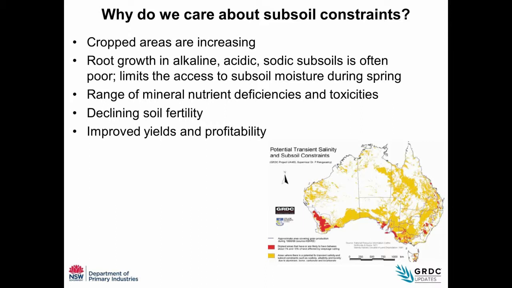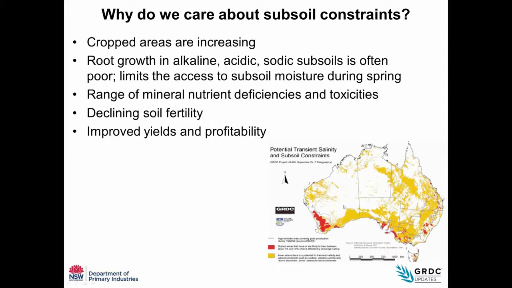And most of these soils suffer from one or more elemental toxicities or nutrient deficiencies, which decline the soil fertility. So improving yield and farm profitability in these conditions is quite important.